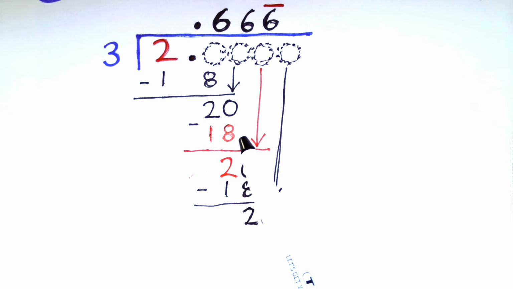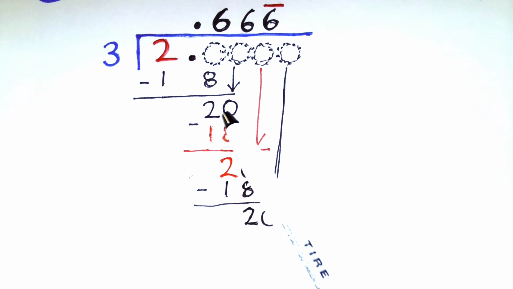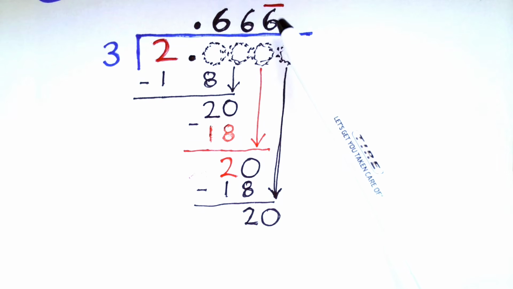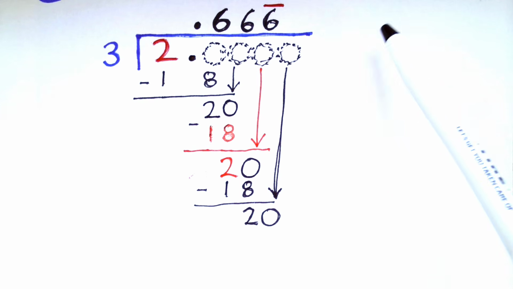Are you seeing a pattern here? 20 minus 18 is 2. Bring down the 0. 20. 3 times 6 gives me 18, closest to 20. So I'll subtract 18 from 20. That gives me a 2. Bring down the 0. It's another 20. So if you're looking at this pattern, you're seeing that the value of 6 repeats over and over and over again, until you round it up to a 7 eventually.